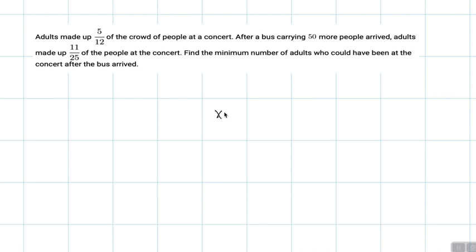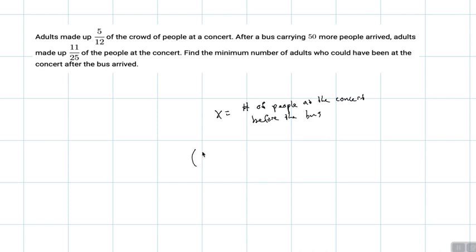We'll define X as the number of people at the concert before the bus. And we can construct the following equation.